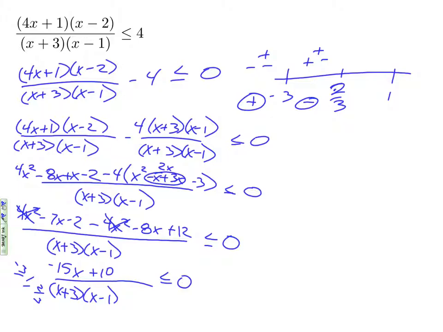Okay, between 2/3 and 1. What is 2/3 as a decimal? 0.66. So what's a number just to the right of 0.66 that we might want to use? 0.7. So let's do negative 15 times 0.7, and that gives me negative 10.5.